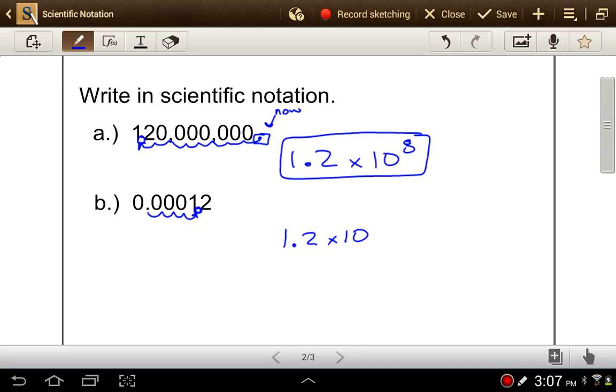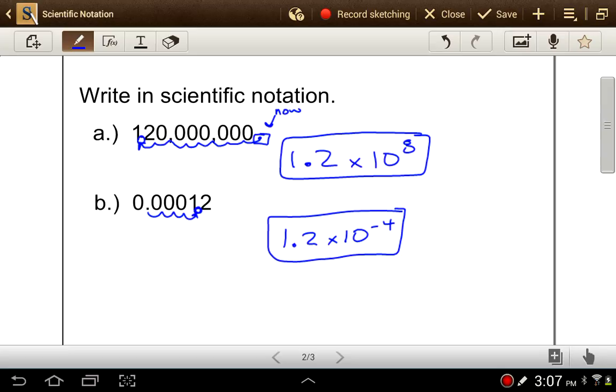So that's going to be 1.2 times 10 to the negative 4th power. If you see a negative power, that's not going to make a negative answer. It's going to make a very small answer, one that's less than 1. If you see a positive exponent with the 10, that is going to make your answer large. Scientific notation is really good to express extremely large or extremely small numbers.